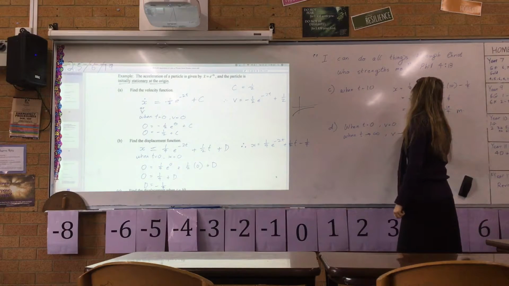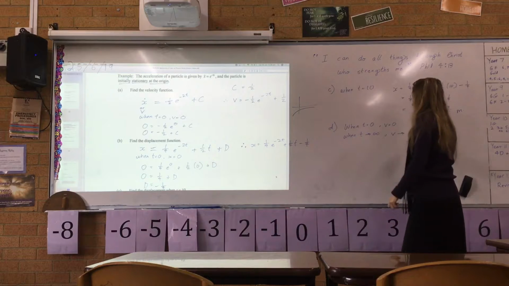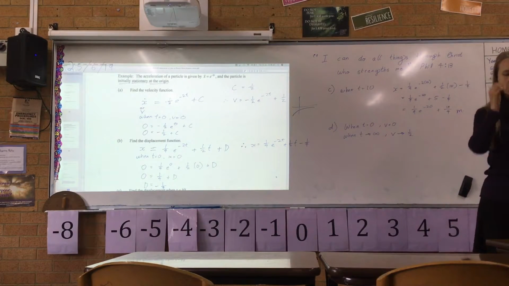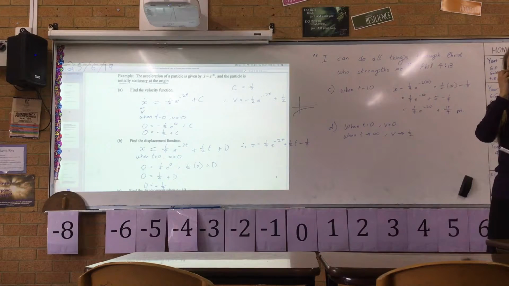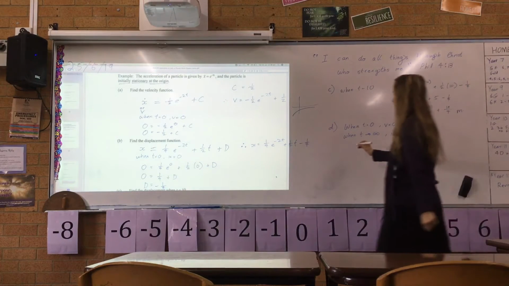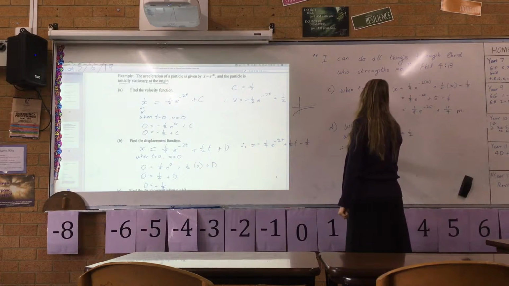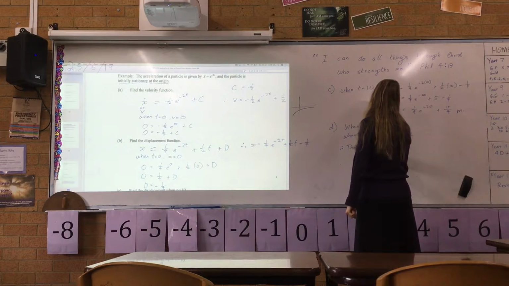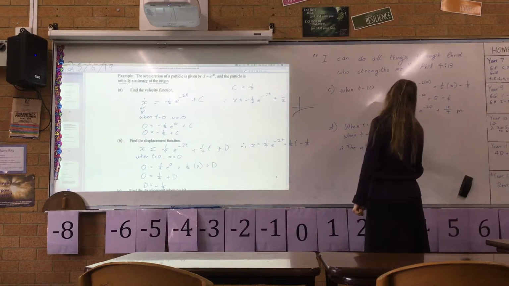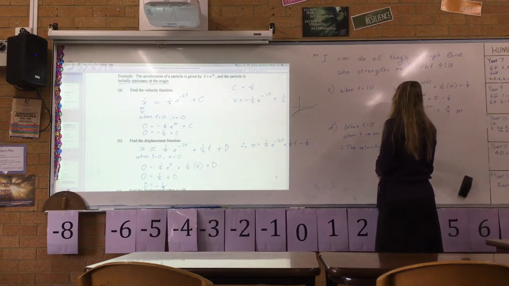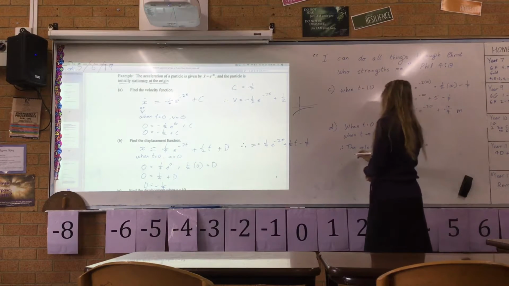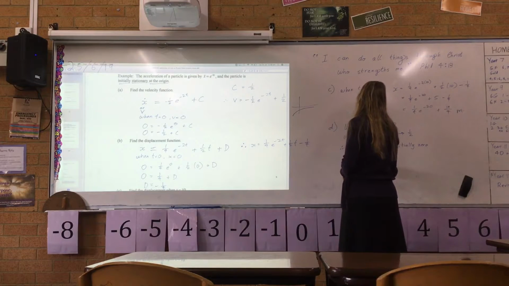So V approaches a half. So the velocity is initially 0 and approaches a limit of a half.